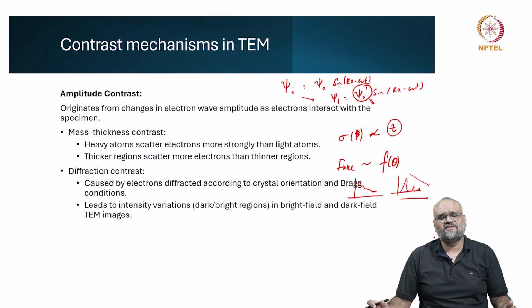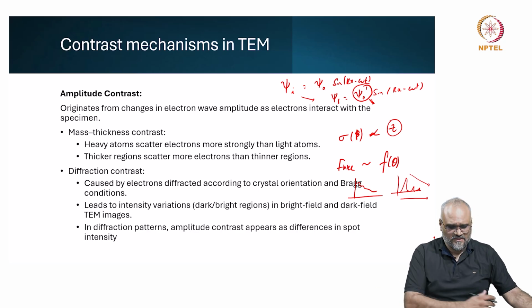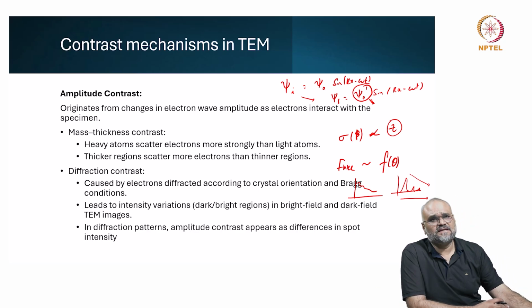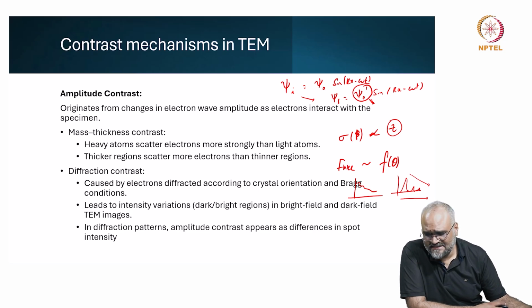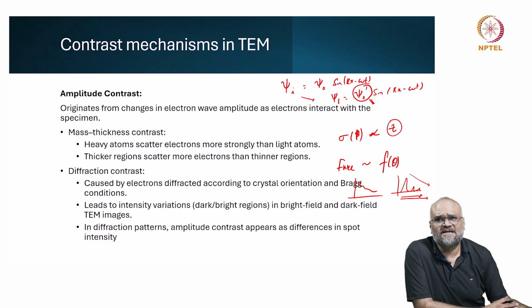This is a special form of imaging that you use to record defects or some specific features. We will look at bright field images and how the contrast arises in a transmission electron microscope. So, in diffraction patterns, the amplitude contrast appears as differences in the spot intensity, and here is a one-dimensional variation in intensity which we've seen in the previous lecture also.